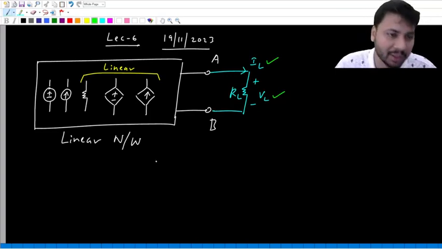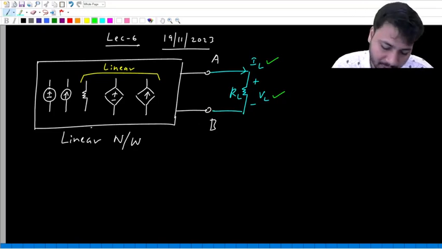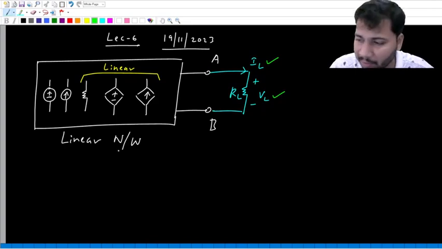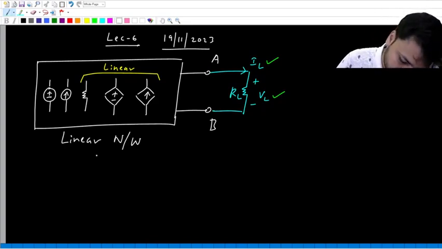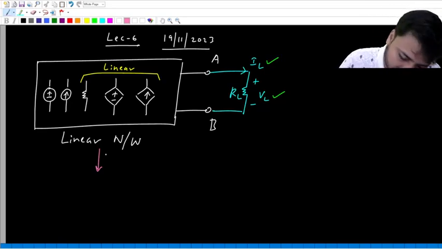If you are interested in voltages and currents outside the box, as is the case here, then you can replace this white box with a much simplified network. That is what Thevenin's theorem is telling us.